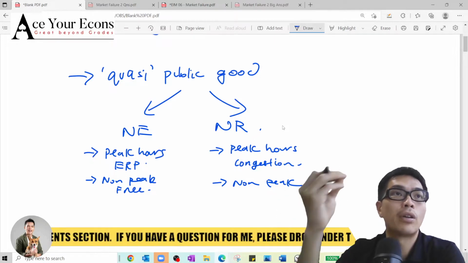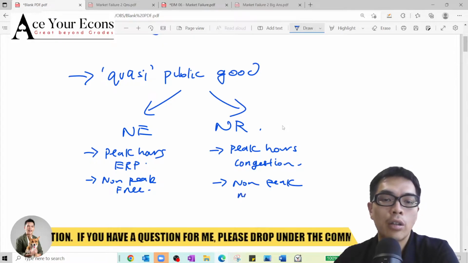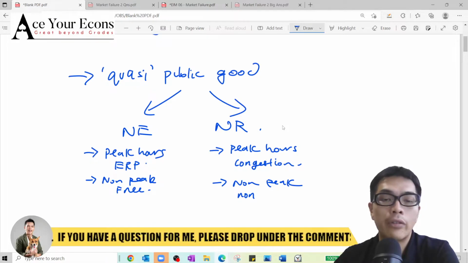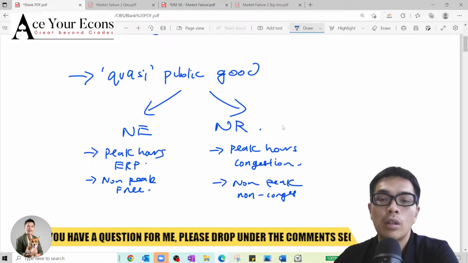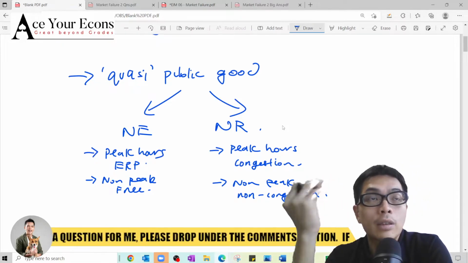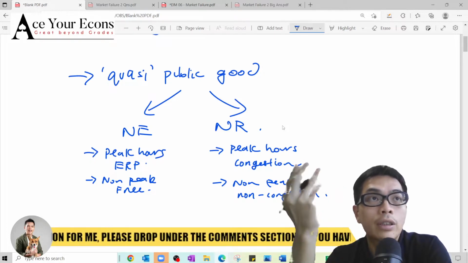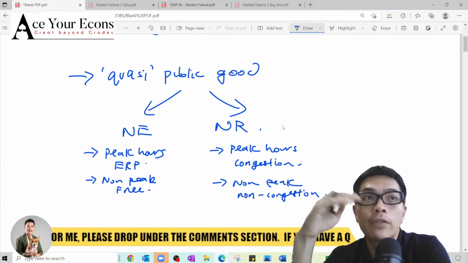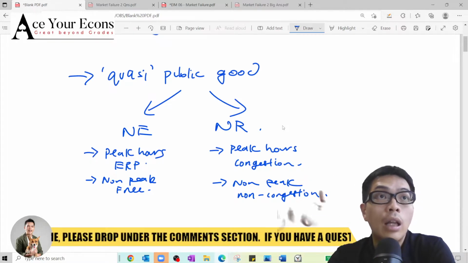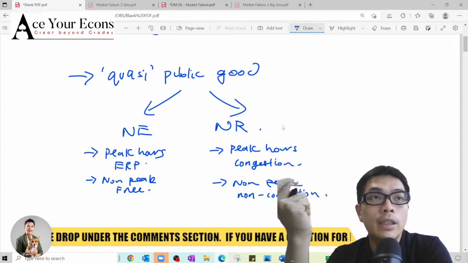So it depends on how extensively the road is being used. Non-congestion will lead to non-rivalrous consumption. Is everyone following me? So some goods will exhibit these kinds of characteristics. Under specific conditions, they will be a public good. Under specific conditions, they will fail the litmus test to be a public good.